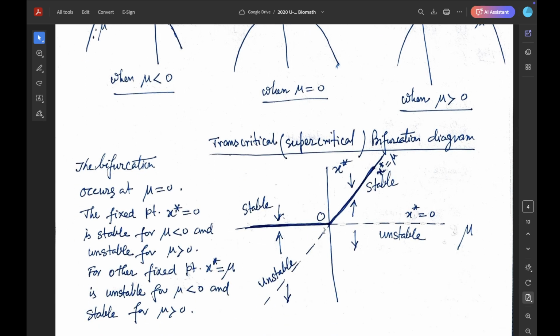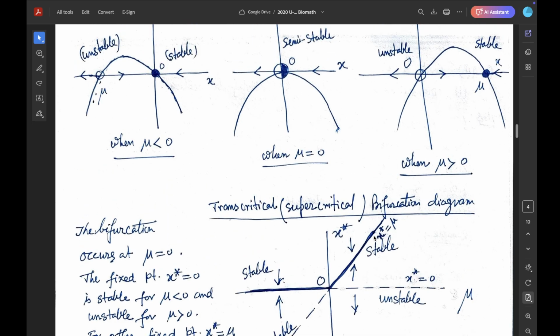And when mu is greater than 0, after the origin on the right-hand side, the steady state x star equal to 0 is unstable, and x star equal to mu is stable.